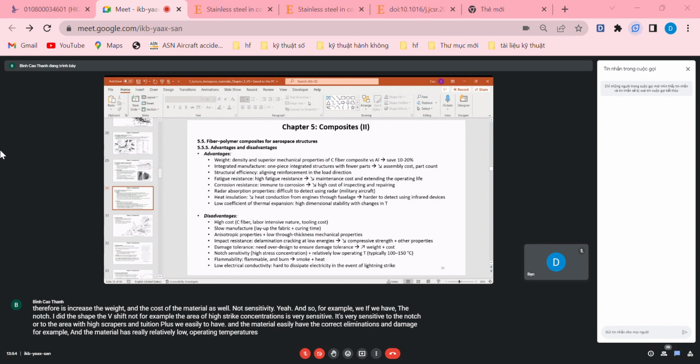The material also has relatively low operating temperatures, typically in the range of 100 to 150 degrees C, because the matrix material is made of polymer, and the operating temperature of polymer cannot be so high. So just below 150 degrees C, as we have already discussed.